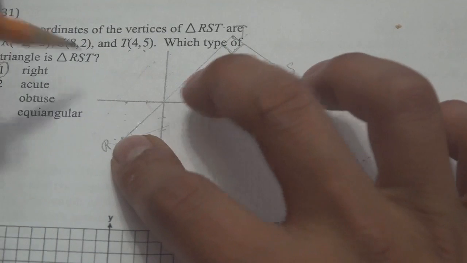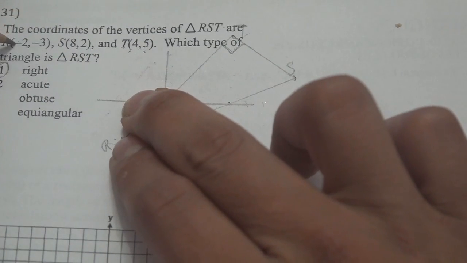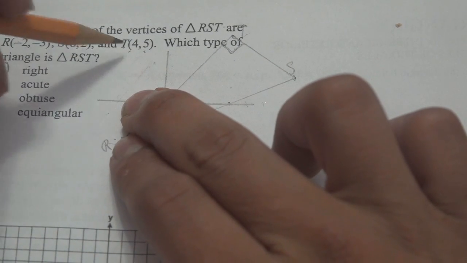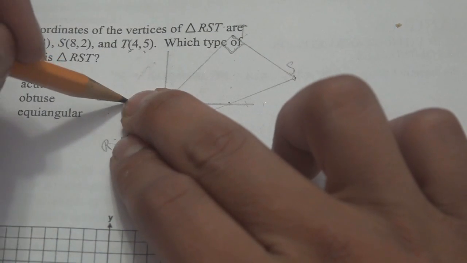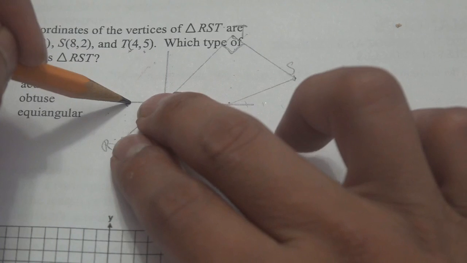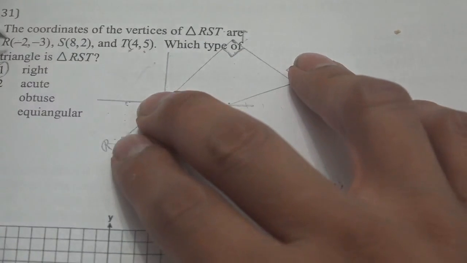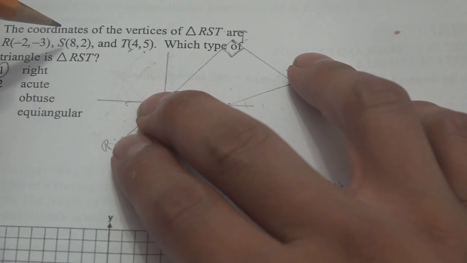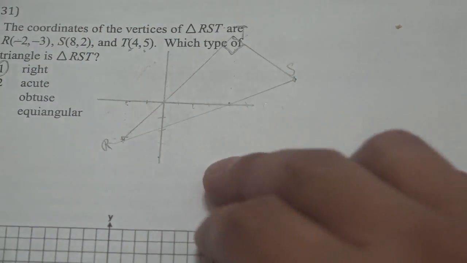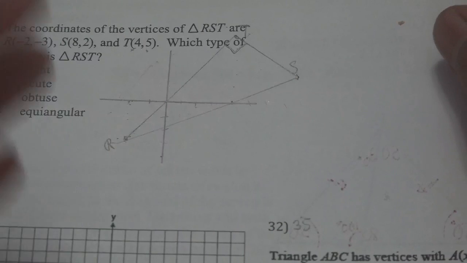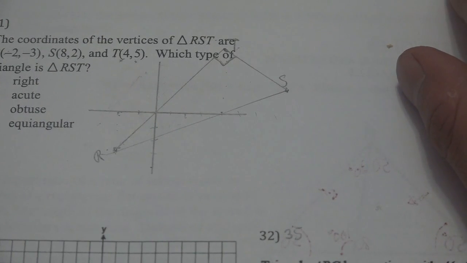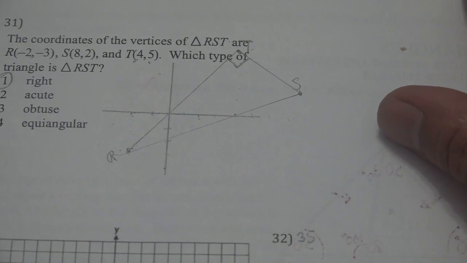I am at -2, and I'm gonna go all the way to 4. So from -2 to 4, that's 6. So the slope of RT is 8/6. That's how I would do it if I was in a rush. But let us do it normally.